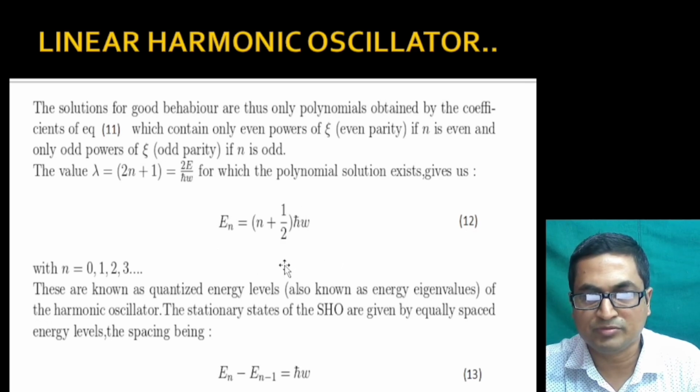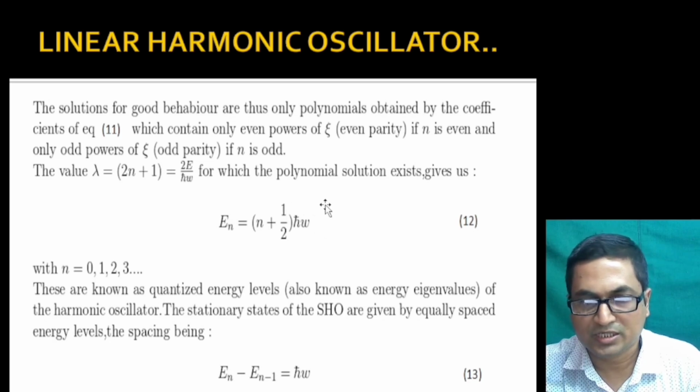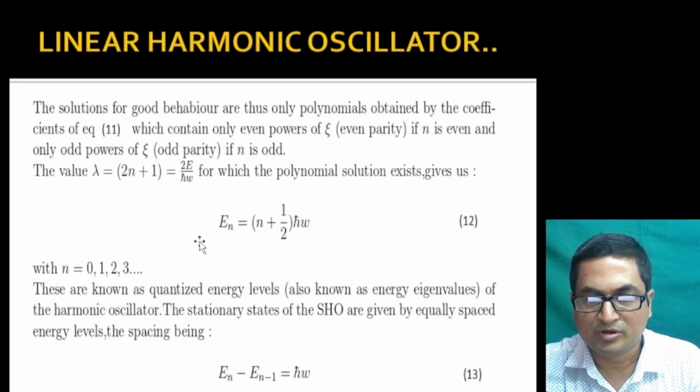So equation 12 gives us the energy levels of the linear harmonic oscillator, and this particular expression can be shown to have equal distance between the different energy levels as given in equation 13. If you put n equal to 0 here, E0 will be equal to half of h cross omega.